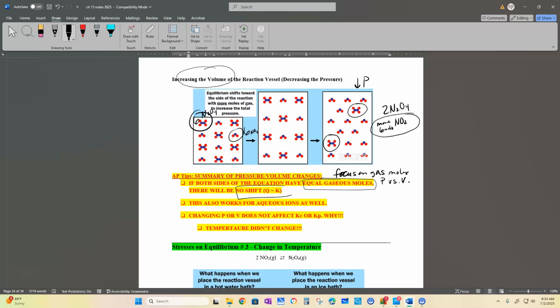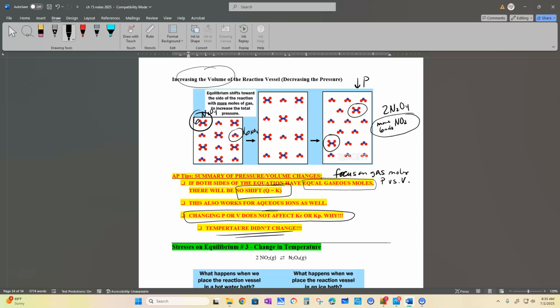There's no shift. You're already at equilibrium. Your Q is already at equilibrium. This also works for aqueous ions if we were doing concentration, but let's focus only on the gases. Changing pressure and volume still does not affect K because we haven't touched temperature.